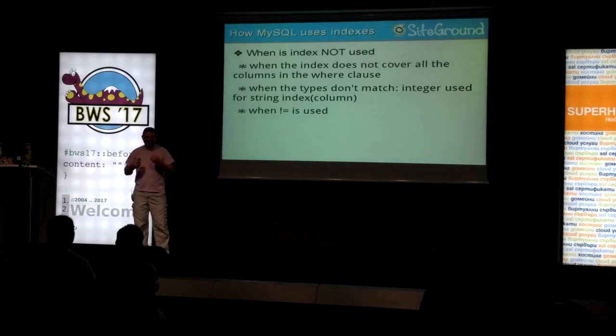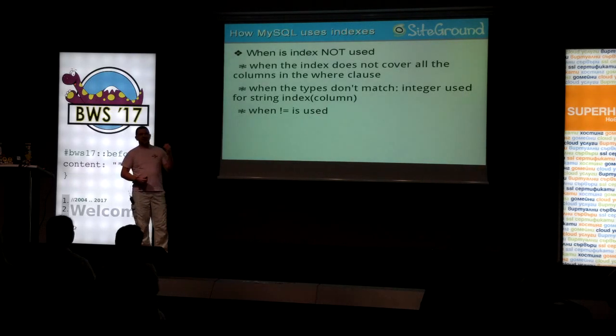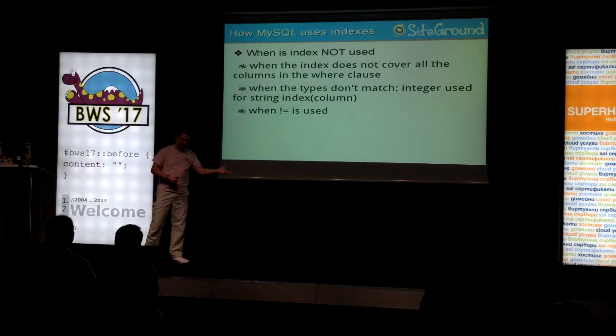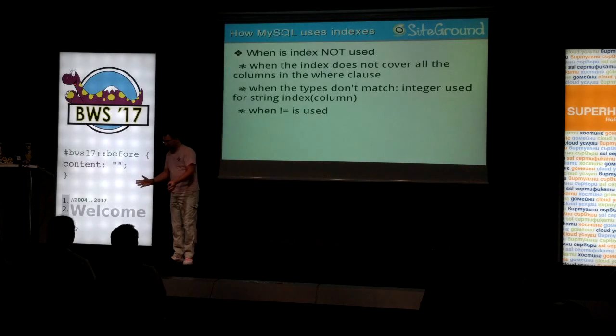This is something that I hate, and I see all the time. People thinking that they have used an index, and they have created this index, and their query will use this index. Unfortunately, they use not equal. When you're using not equal, you cannot use any index at all.